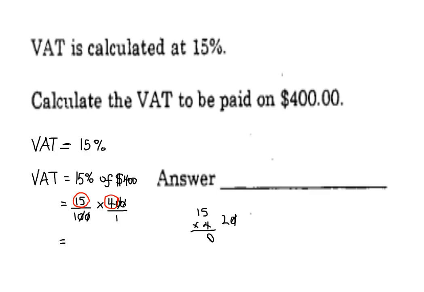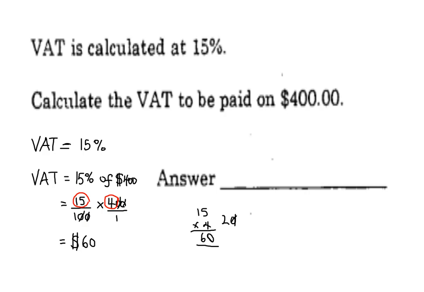And 4 plus 2 is 6. Good. So you get 60. So what is the VAT to be added to the bill? $60. Very good, $60.